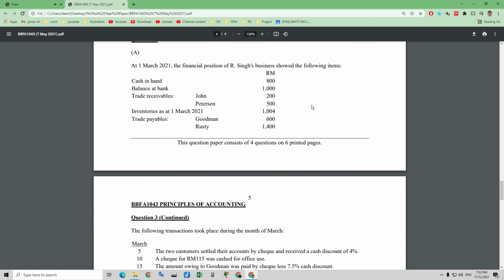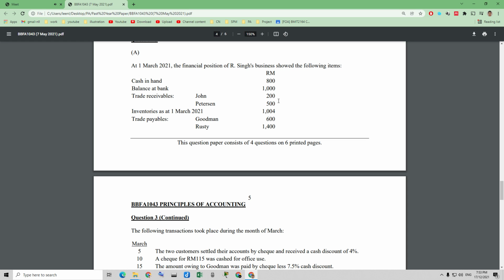Okay, so for bad debts, of course, this is confirmed cannot be collected. So you debit bad debts, remember, it is an expenses. So you debit bad debts, and then the credit is the trade receivable, because you are reducing the trade receivable. It is already confirmed not able to make payment.